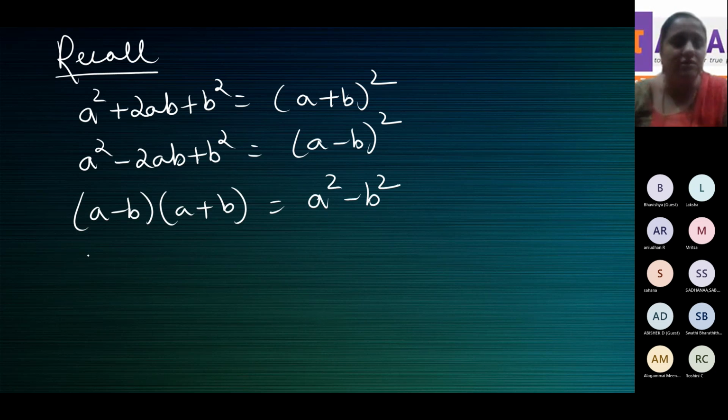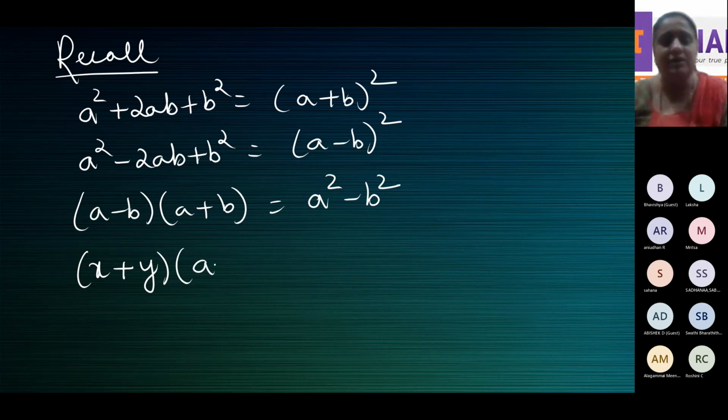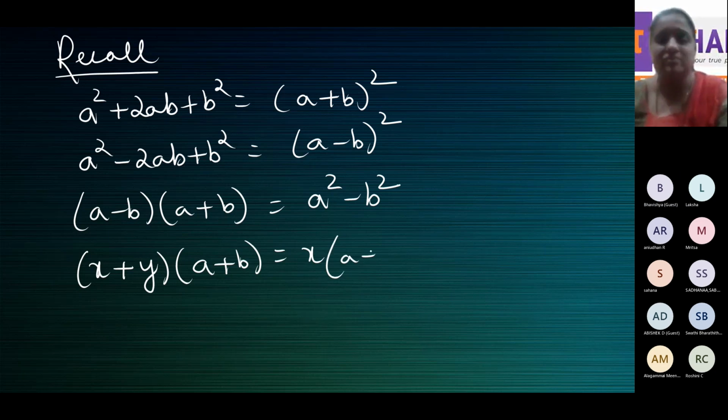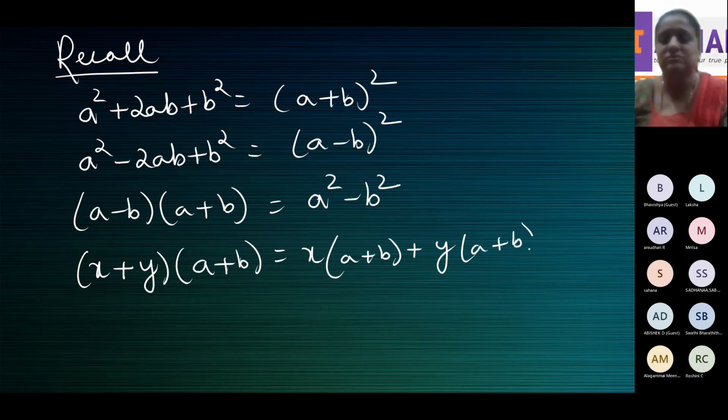How will you multiply, supposing you have x plus y into a plus b? X into a plus b plus y into a plus b. Very good. You should simplify this further, but I just wanted the first step.